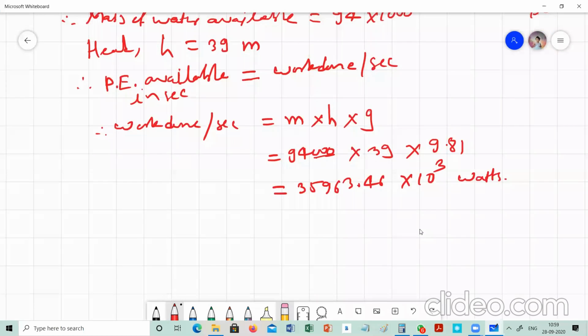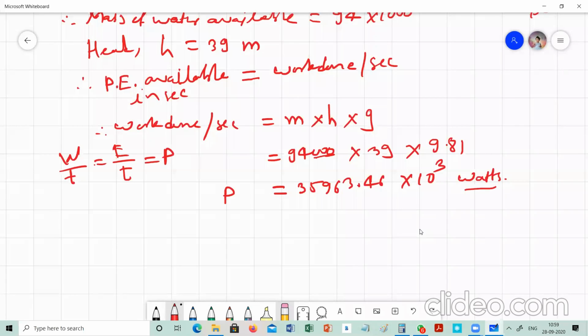Why is it in watts? Because we have calculated work done per second, means W per time. W corresponds to energy, per time, which is equal to power. So it has unit of watts, and it is nothing but input power.